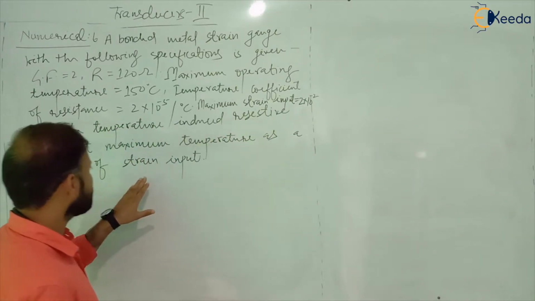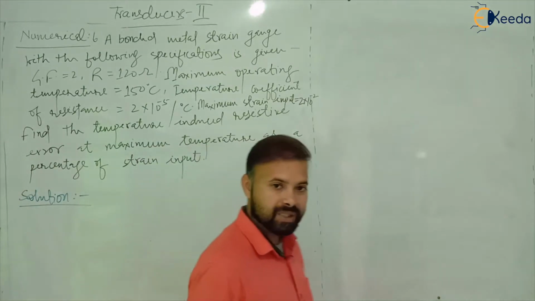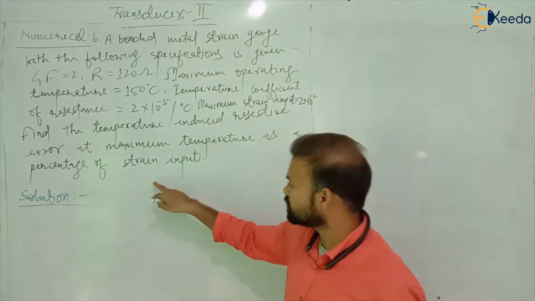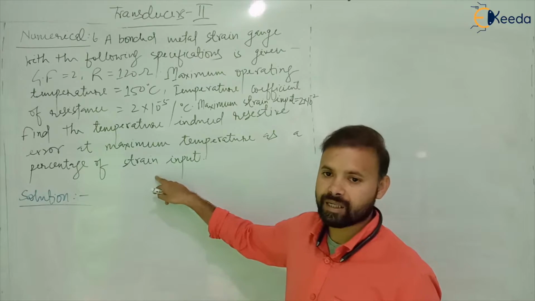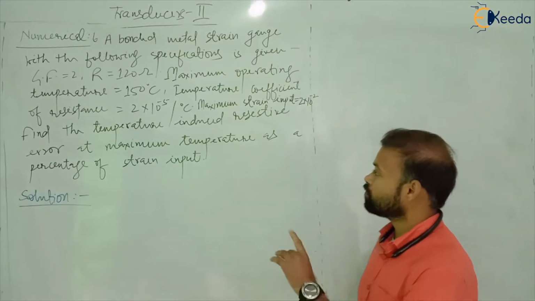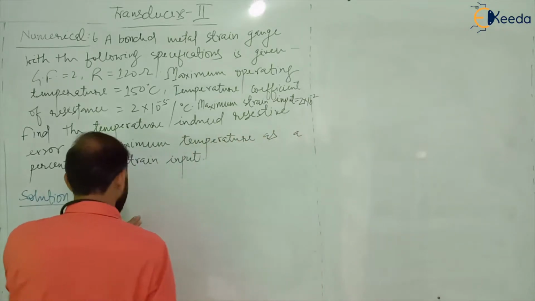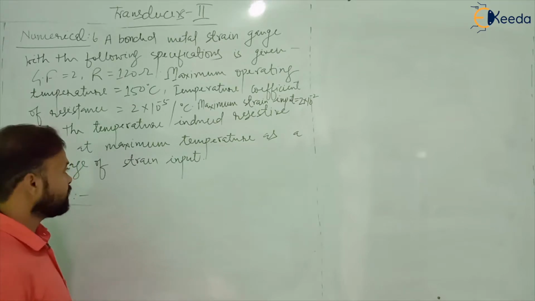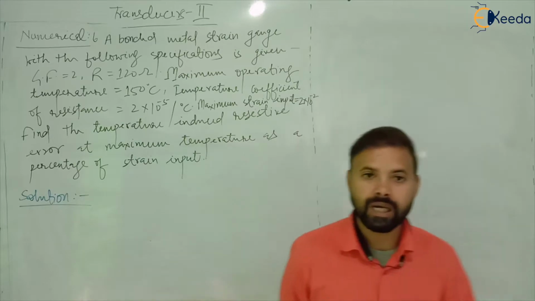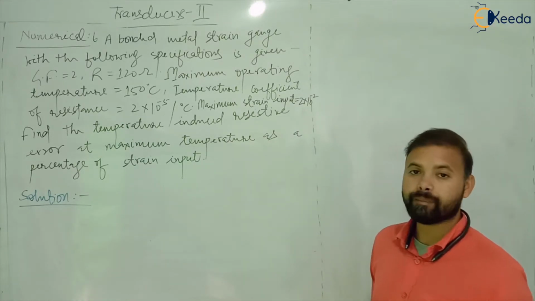We have to calculate error as a percentage of strain input, meaning the resistance change which is due to applied strain. So we have to first calculate resistance change due to strain, right? Resistance change due to temperature. I beg your pardon. We have to calculate here resistance change due to temperature.